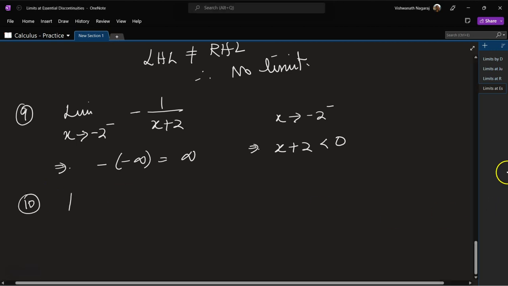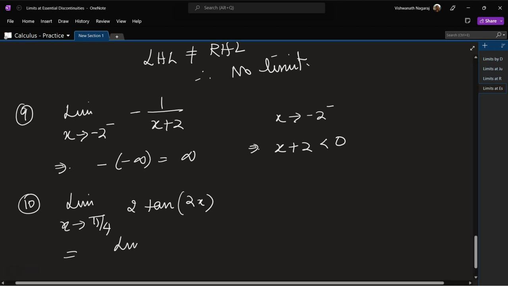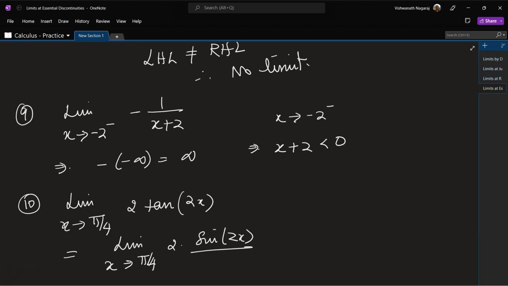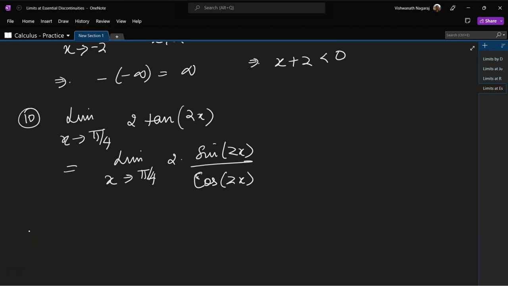Okay, now 10th one. Limit as x approaches pi by 4 of 2 tan 2x. Now here what will happen? Again, let's first make it simpler. As x approaches pi by 4 of 2 times sine 2x by cos 2x. Now here if you notice, cos of 2 times pi by 4 is pi by 2 and cos pi by 2 is 0.